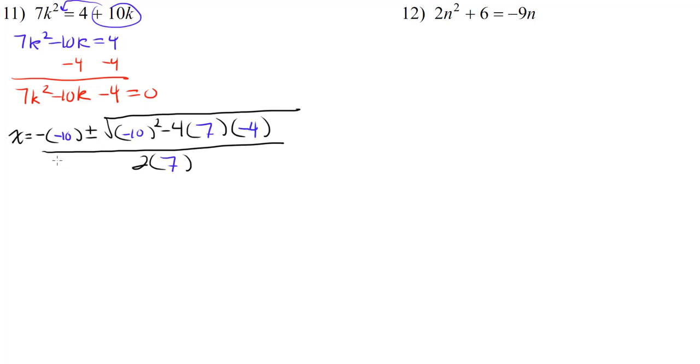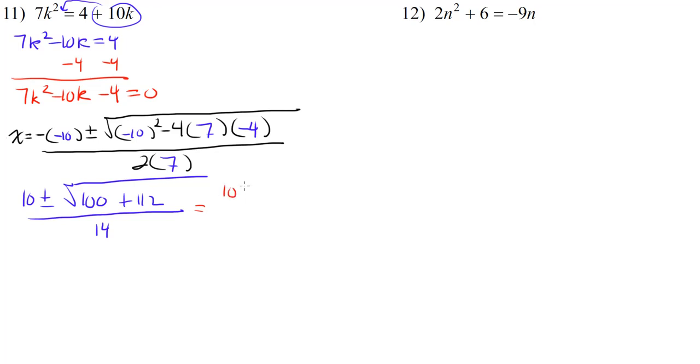So we can work this out. Negative negative 10, so 10 plus or minus. Negative 10 squared is 100. And negative 4 times 7 times negative 4 is positive 112. 2 times 7 is 14.